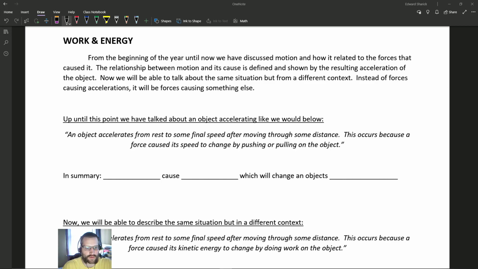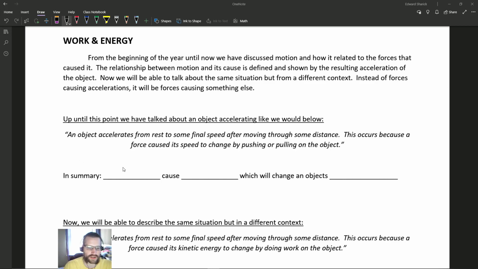Here we have the summary statement of what we've studied so far. An object accelerates from rest to some final speed, which we called final velocity or VF, after moving through some distance. This was all kinematics. This occurs because a force caused its speed to change by pushing or pulling on the object.